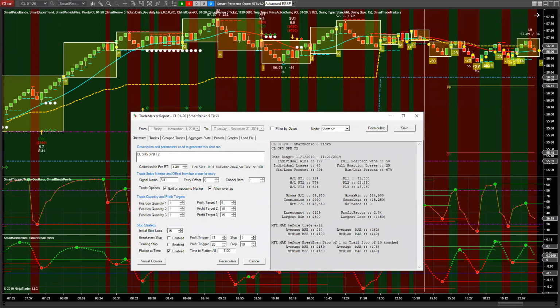Now, I had been mentioning earlier that what this is actually telling us is what the market looks like across these periods here. So I can look at these different legs and go, oh, well, this is a 5-tick target, a 10-tick target, and a 15-tick target. This is a 5, this is 10, this is 15.